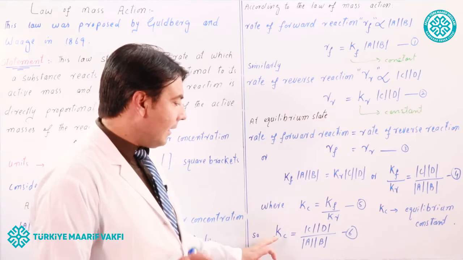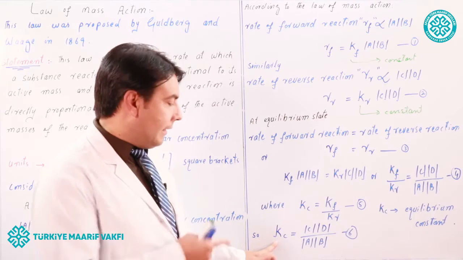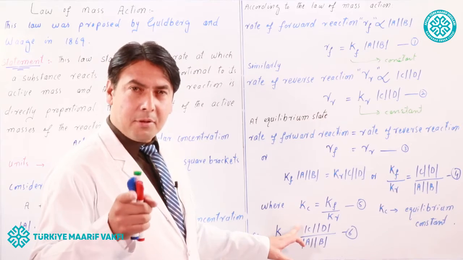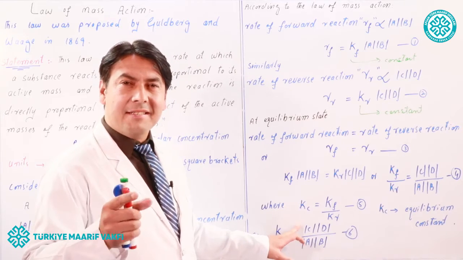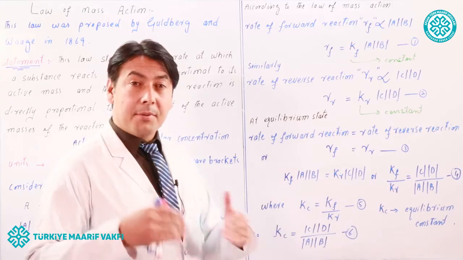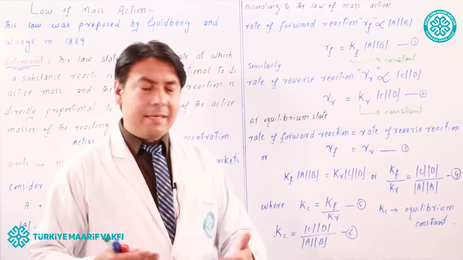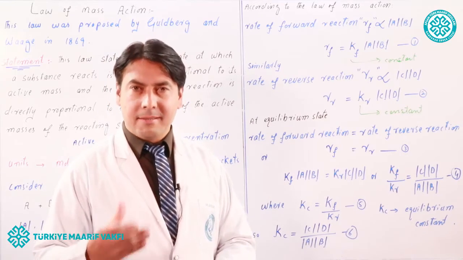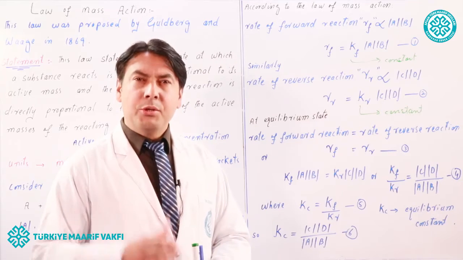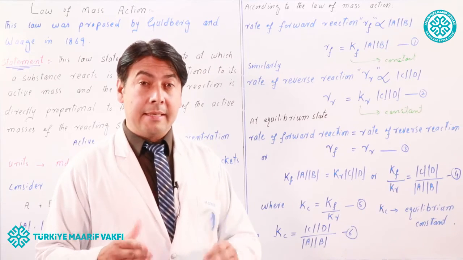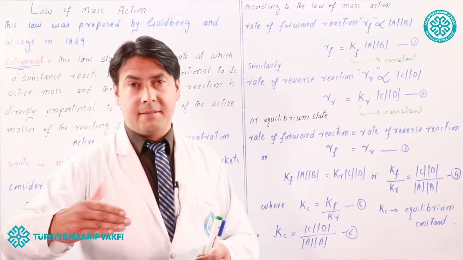Kc can also be defined as the ratio of the product of the molar concentrations of products to the product of the molar concentrations of reactants. So Kc depends upon the molar concentration or active masses of the reacting substances.